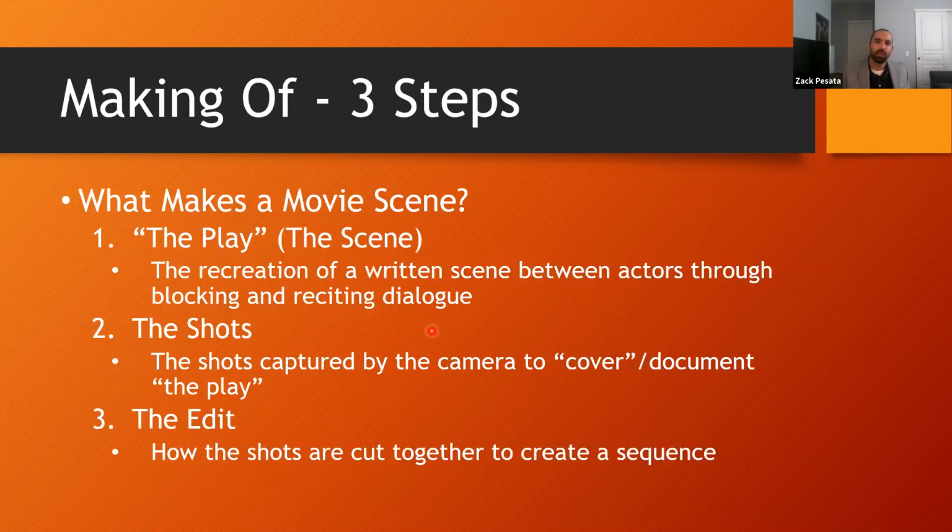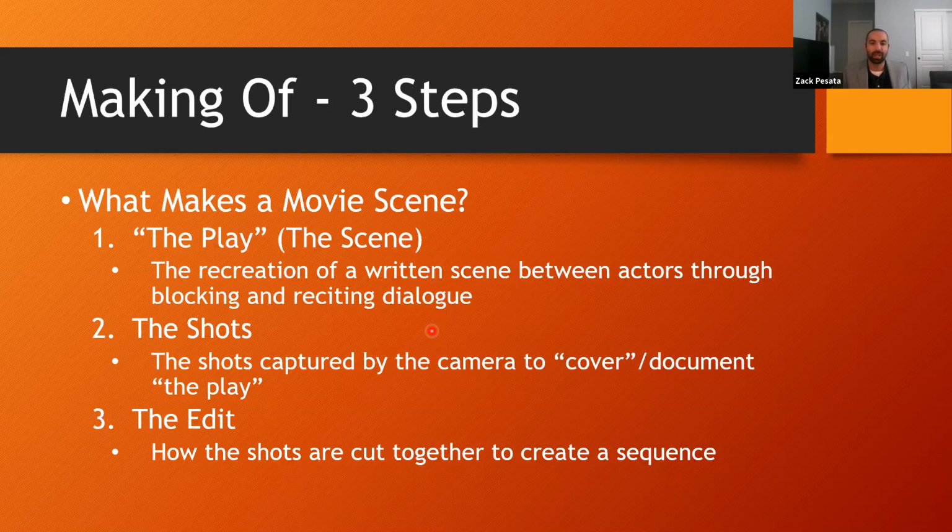Okay. So again, the sort of 3 parts here of what makes a movie scene is, one is the play. So the recreation of a written scene between actors through blocking and reciting dialogue, just like what you would see on stage, right? The actors just performing the scene and moving about the location. The second piece here are the shots.